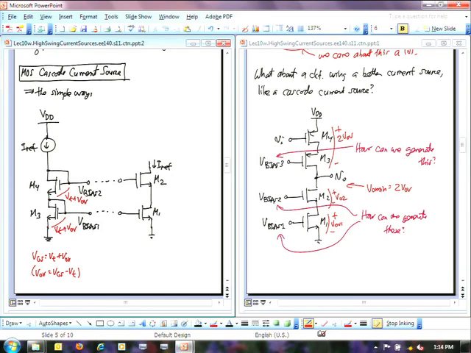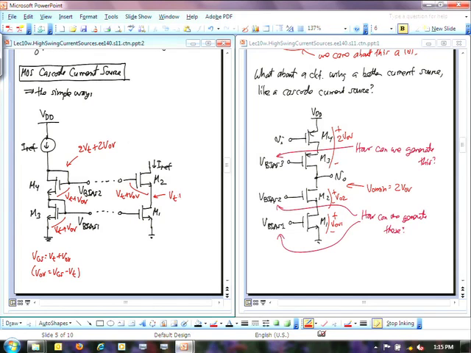Okay, and so if that's the case, then at this node right here, after I've added all these voltages, that voltage plus that voltage, I have 2 times VT plus 2 times a V overdrive. And so now, if I have attached this node to this node of my actual amplifier, then I'm going to have a drop here of VT plus a V overdrive, which is going to say that that voltage right there is equal to what?